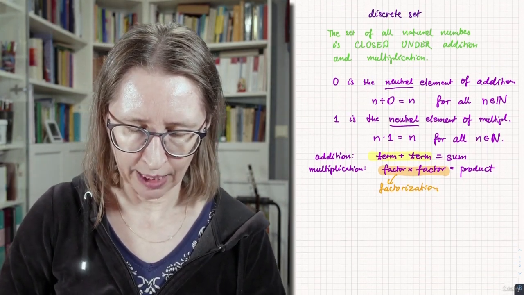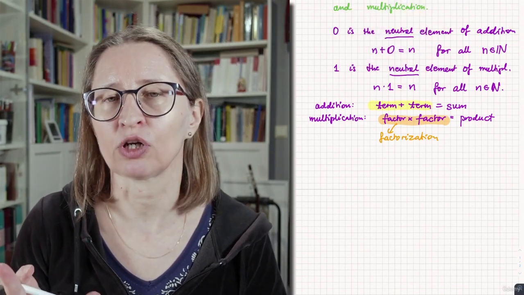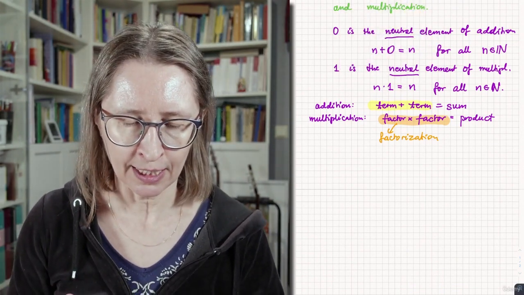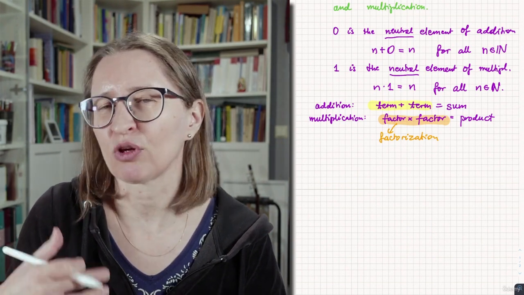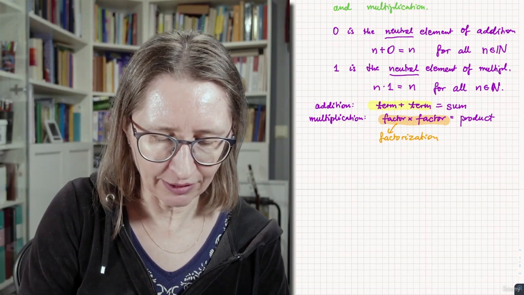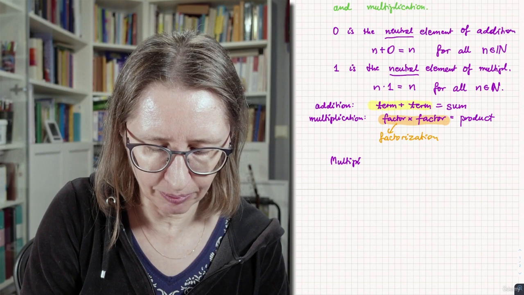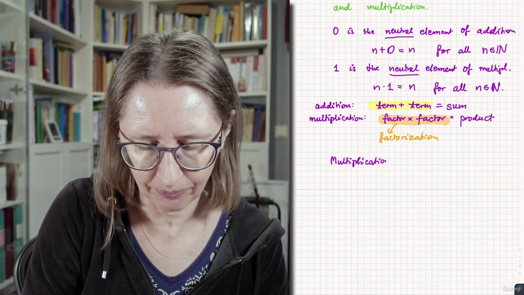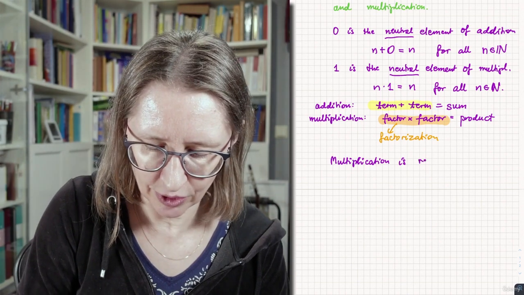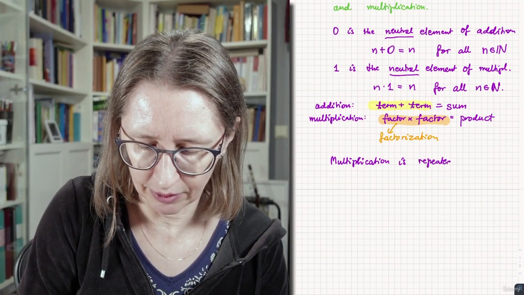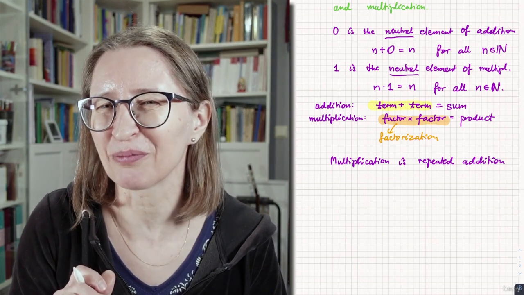And well, while we are at this, I can maybe say several words about factorization of natural numbers. But before, I will state something you obviously know, that multiplication is repeated addition, for natural numbers, of course.